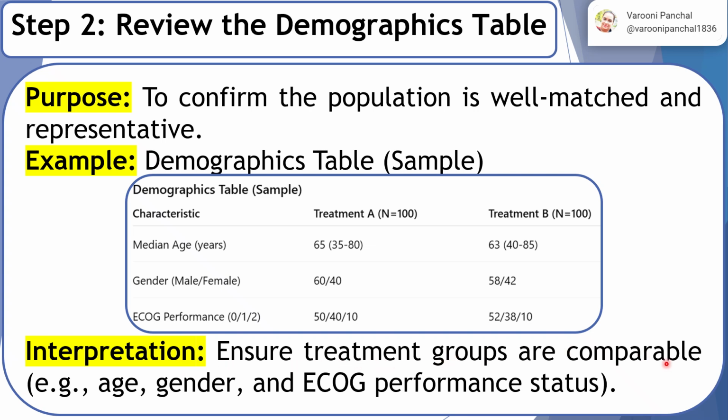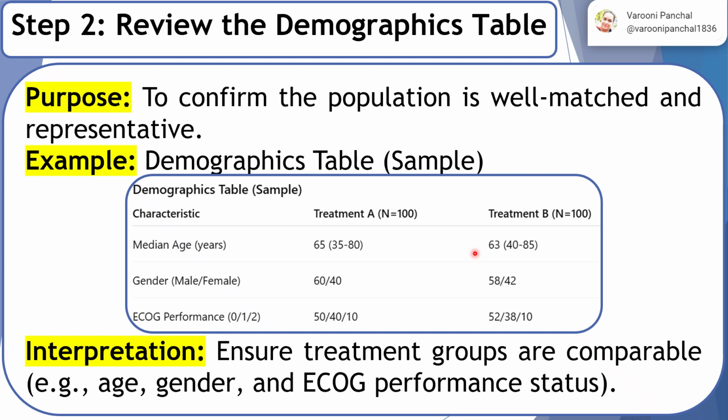Say the median age is around 10 in one group and in treatment B it is 70. Then it's not comparable. You cannot compare, because it's not balanced data, right?